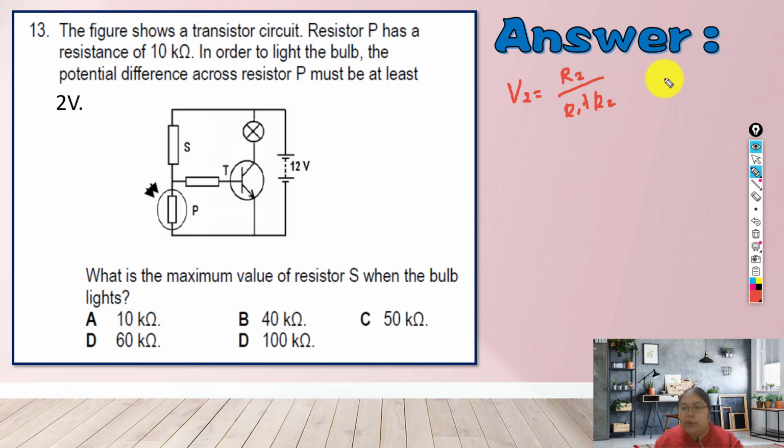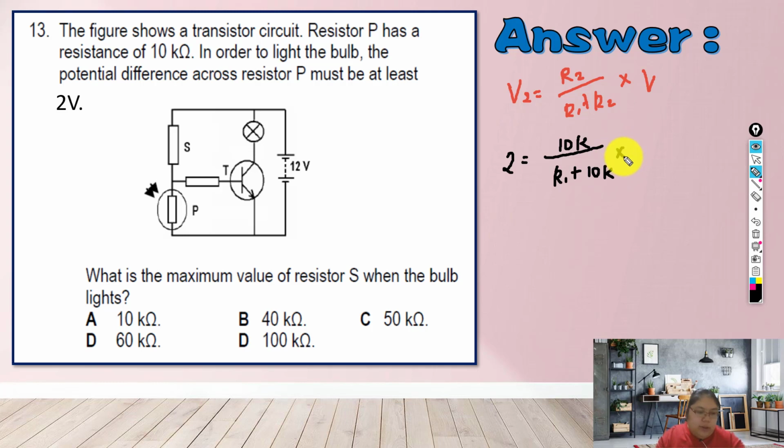The total volt is 12. V2, to light up, is at least 2 volt. R2 is P, which is 10K. R1 is the resistor S, so R1 plus 10K, multiplied by the total of 12 volt.